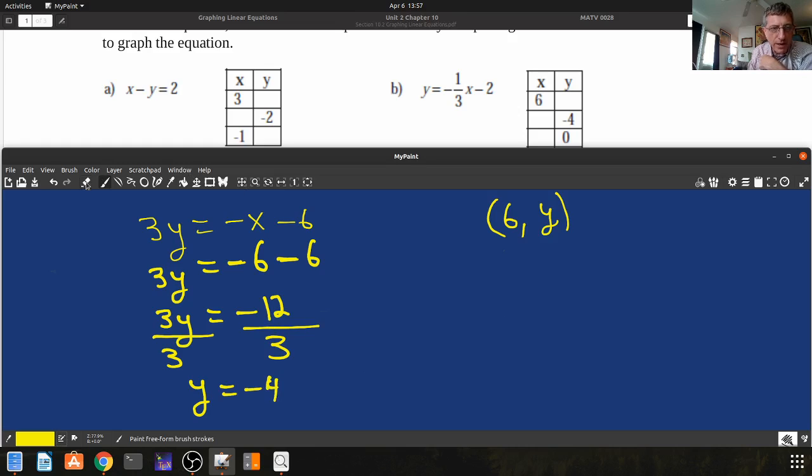So I just found the value of y, and the value of y when x is 6 is minus 4. So up here, if you're doing this on your worksheet at home, you would add minus 4 right there where the y is. So let's do another one.